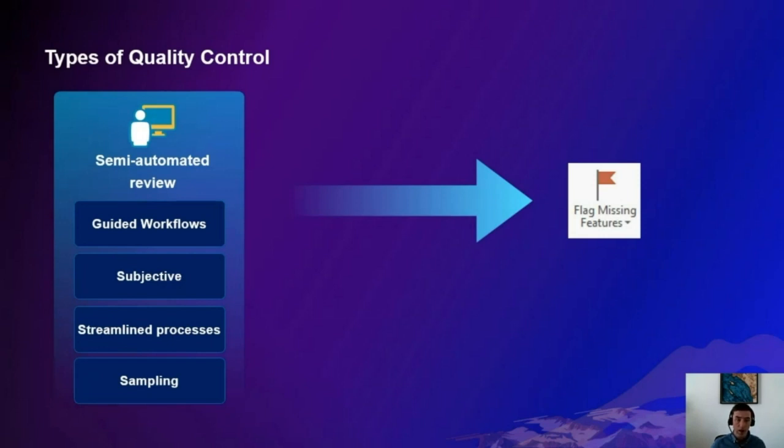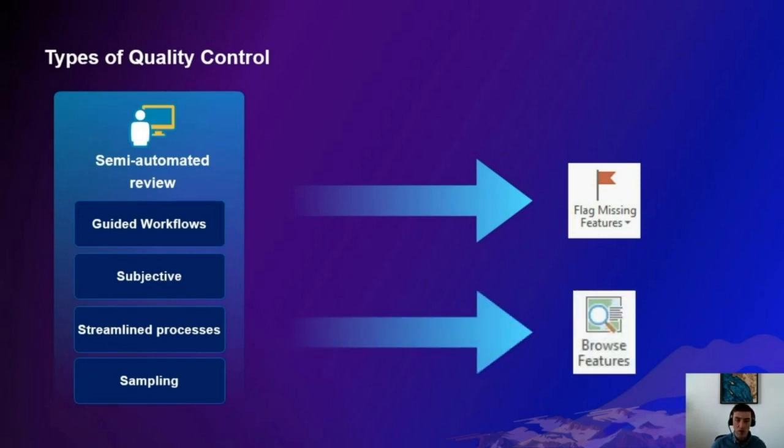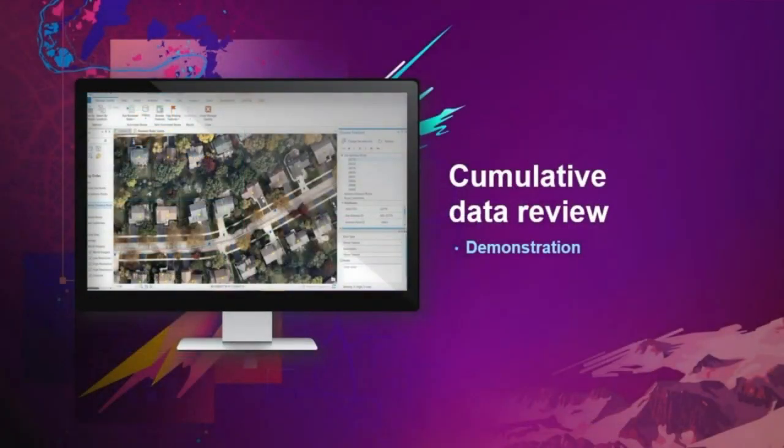Browse Features allows users to walk through their features and error geometry to visually inspect their correctness. This tool is typically used on a representative sample of your data to ensure that the rule configurations you've implemented are capturing their intended results. Now, Kumar will demonstrate how validation rules are evaluated, as well as the semi-automated review tools that I just mentioned.